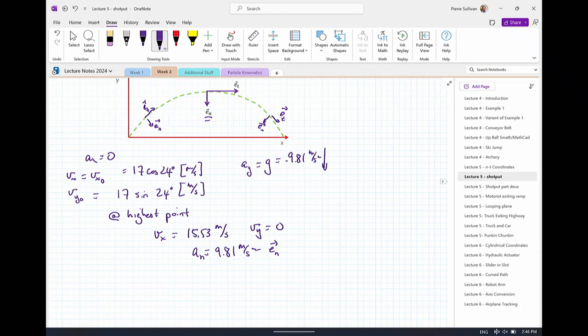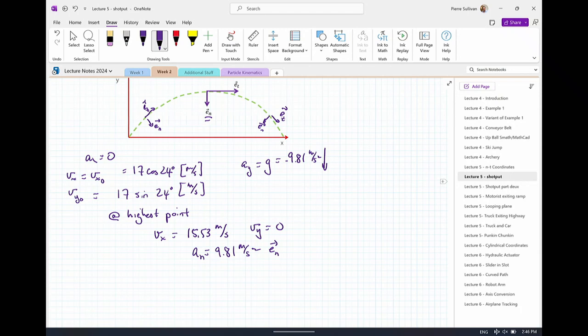Always in towards the center of curvature. So in this case, I go from a negative value in order to satisfy my coordinate system in xy to a positive value to satisfy my coordinate in nt.